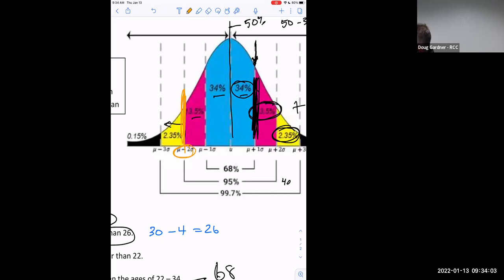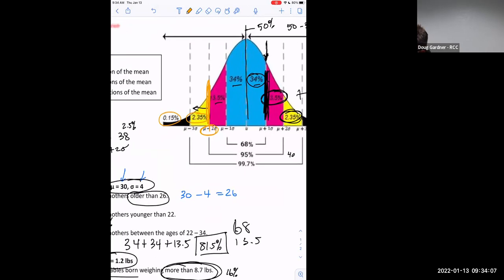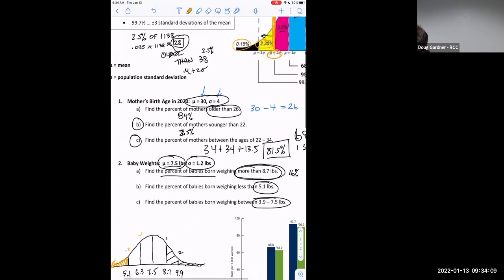Hey, that's the same answer we got a minute ago. It's 2.35 plus 0.15. That's 2.5%. So if your baby's born 5.1 pounds, wow, that's on the edge of being unusually small. Is it dangerously small? Is it outlier small? No, it's not 3 standard deviations below the mean. That's an outlier, but it's unusual. That's unusually small.